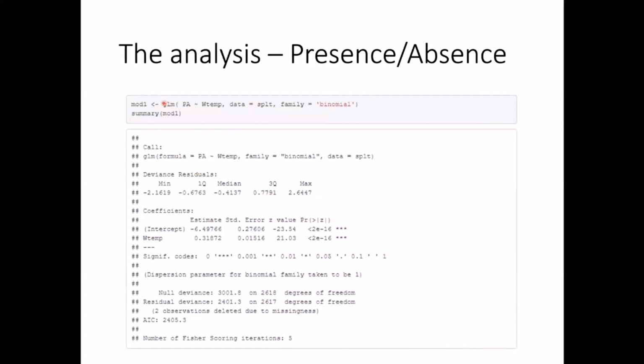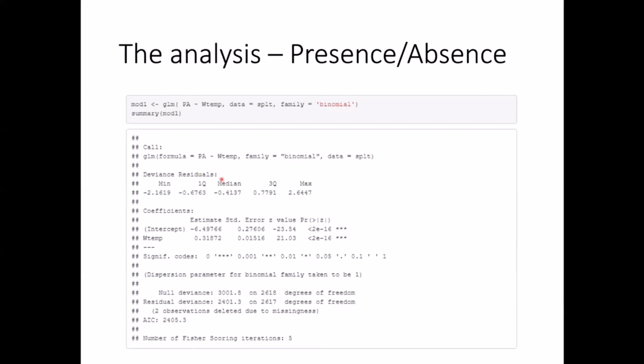For those of you who are familiar with R, you may have seen this GLM function before for generalized linear modeling. We use that function to perform our analysis. PA here is our response variable. It's in our data set. Water temperature is our explanatory variable in our data set. And the most important thing here is to set this family argument to binomial, because this tells the GLM function that we're dealing with binomially distributed error, as well as setting the logit link function.